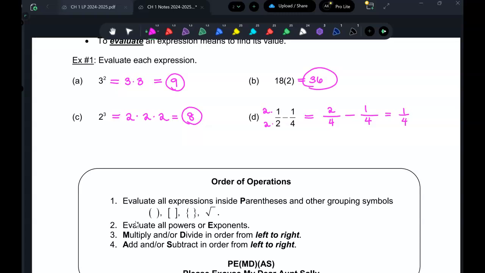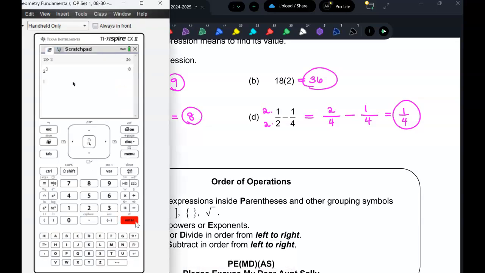Okay, now fractions can really be confusing sometimes. So again, let's check on the calculator. Do you remember how we made a fraction on the calculator? Oh, yeah. You do the control and you do the divide. Okay, control divide makes us a fraction.